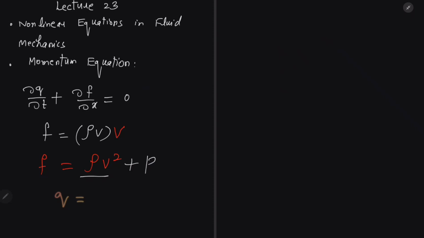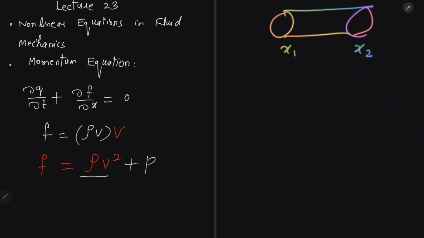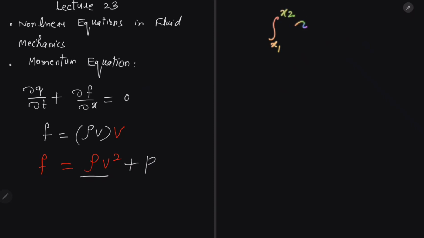Let me write down the equation for that. Previously we saw that if we have a pipe like this, with x1 and x2, we measure the quantity by integrating from x1 to x2 the quantity rho u dx.